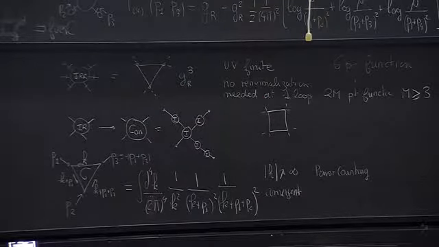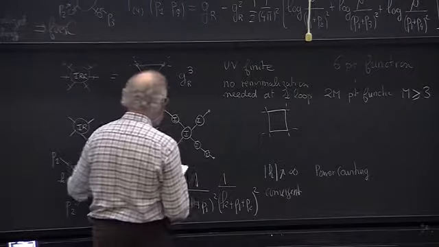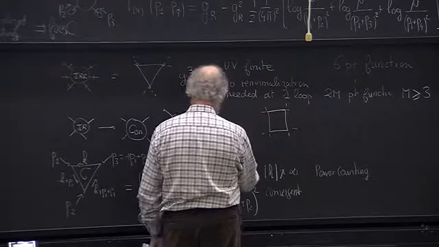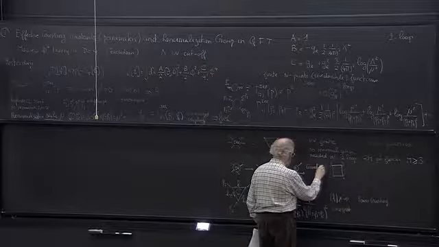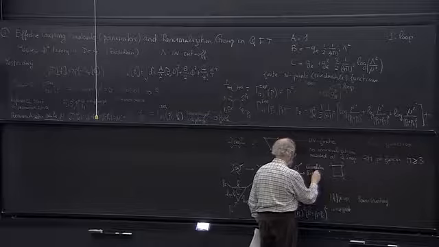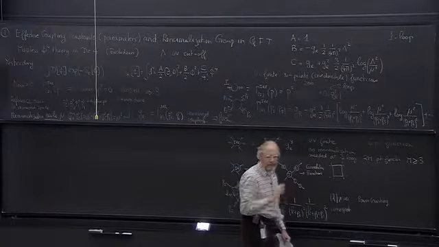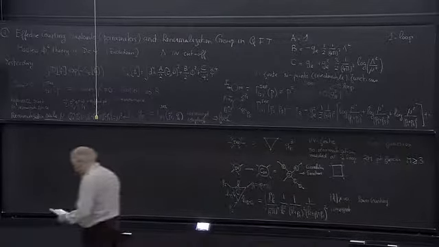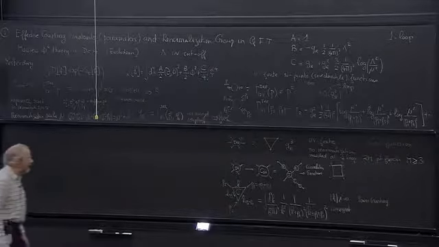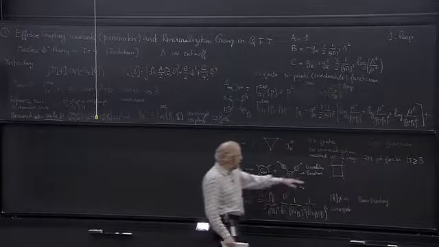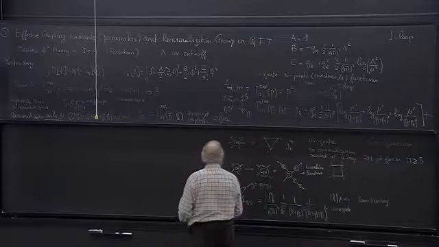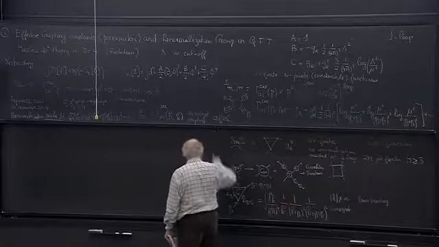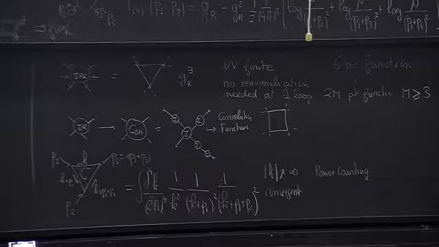So from this you get to connected, and from this you get to the correlation functions. So at one loop, we are happy. All the correlation functions are ultraviolet finite. Good. So that's what we did yesterday. It took me a bit of time, but that's important.